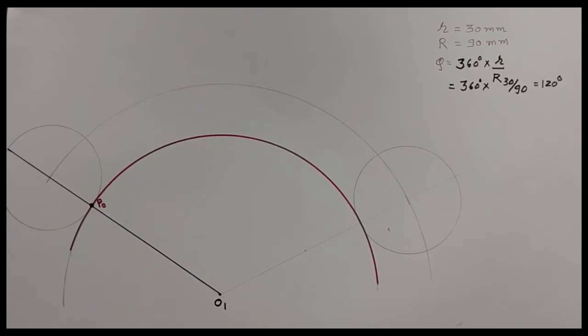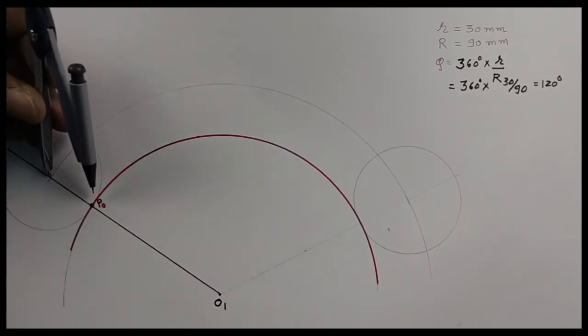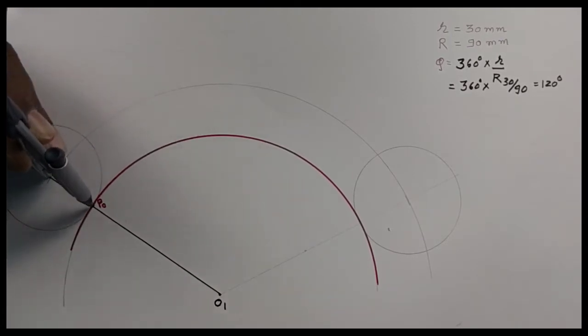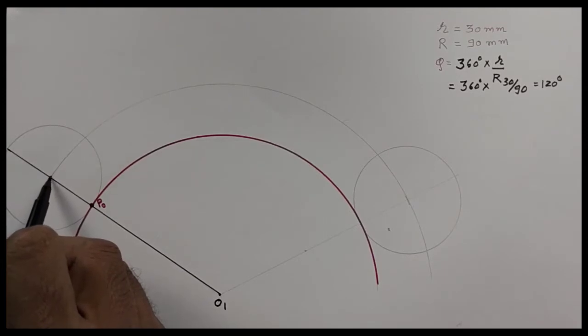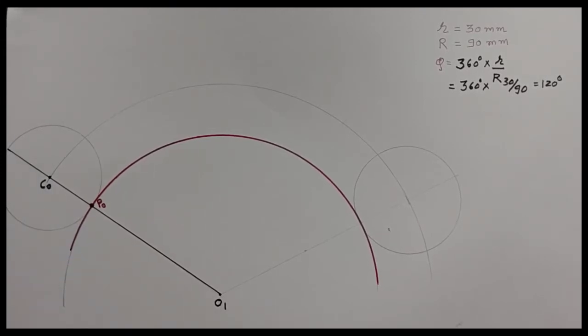From this point, we choose the center of the rolling circle, that is 30 mm. So I mark the 30 mm point on the same inclination line. It is our starting center of the rolling circle, that is C0.